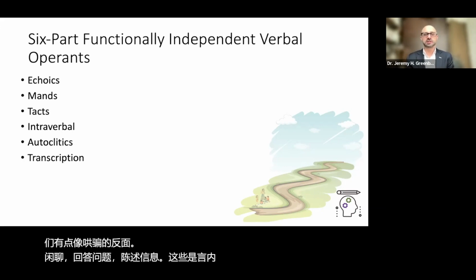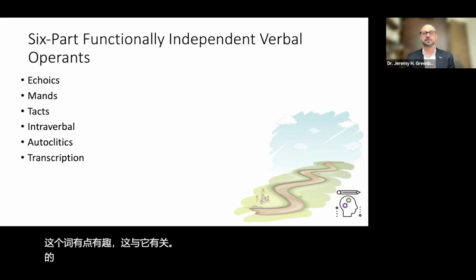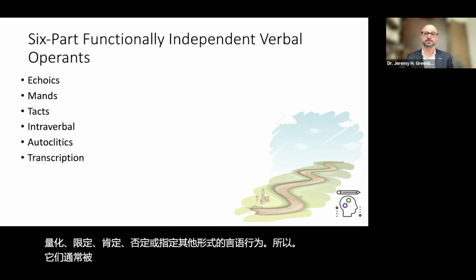The term autoclitics is sort of a funny one, and that has to do with forms of verbal behavior that quantify, qualify, affirm, negate, or specify other forms of verbal behavior. So they're sort of commonly referred to as adjectives in our traditional sort of description.